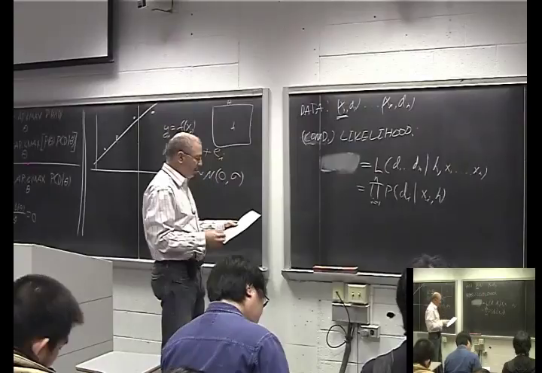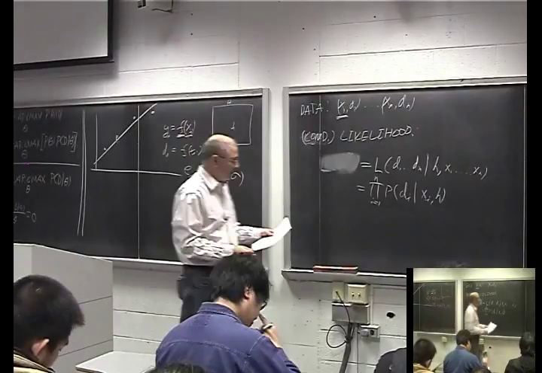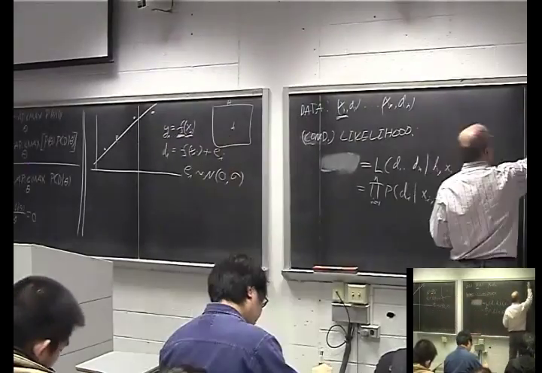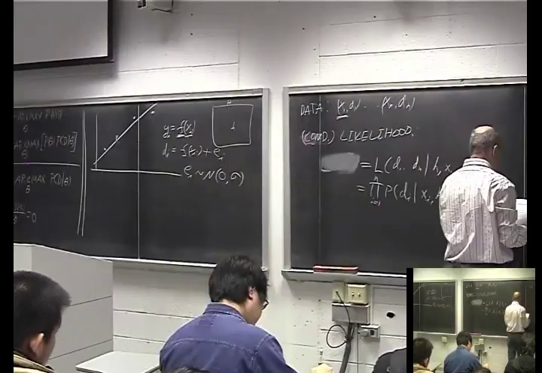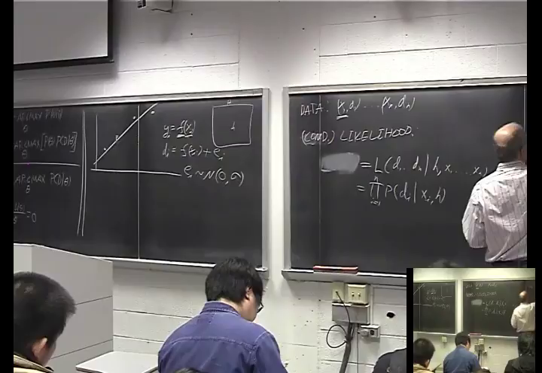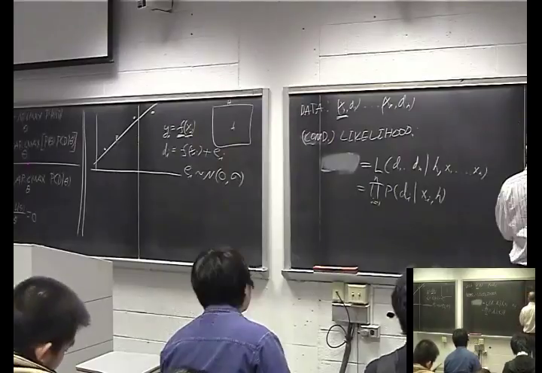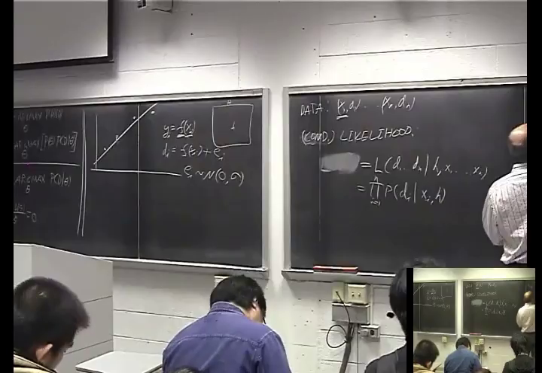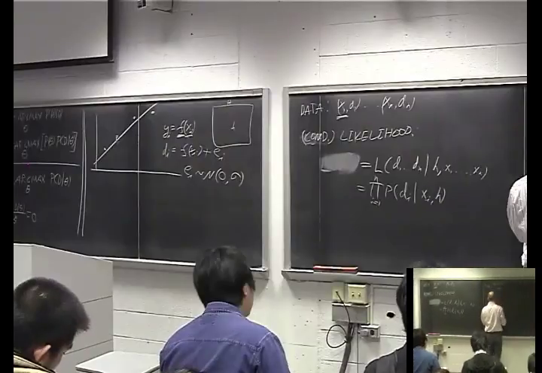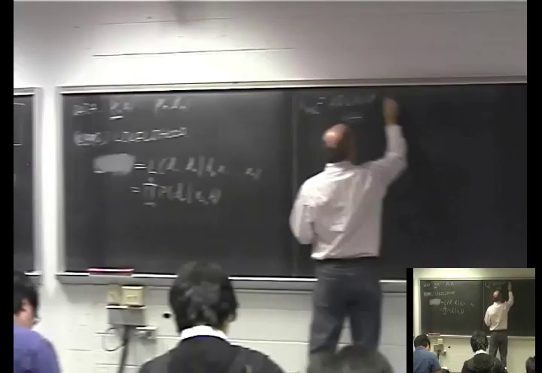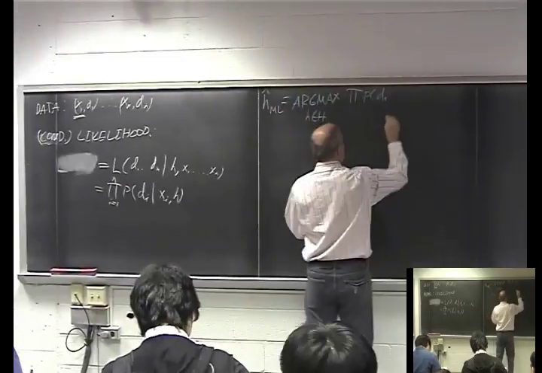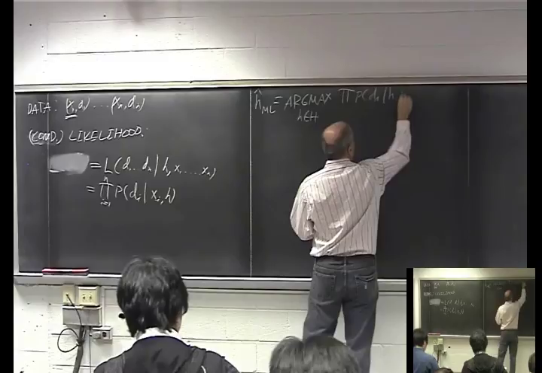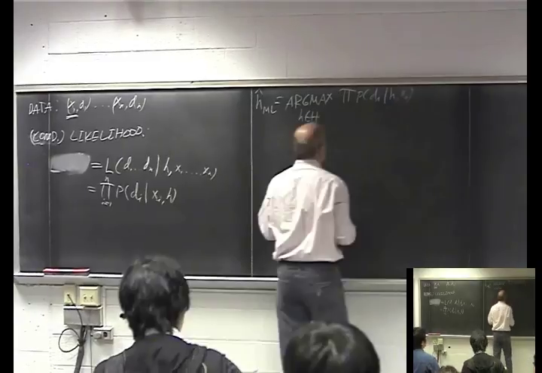Now I want to find the maximum likelihood. So the maximum likelihood hypothesis would be the one that maximizes, over all possible H's in the hypothesis space, the product P of di given H and xi.